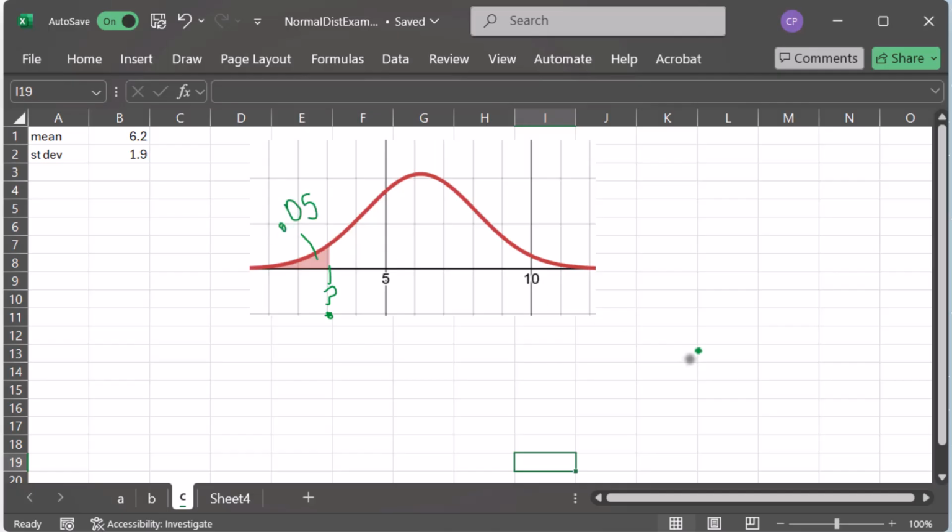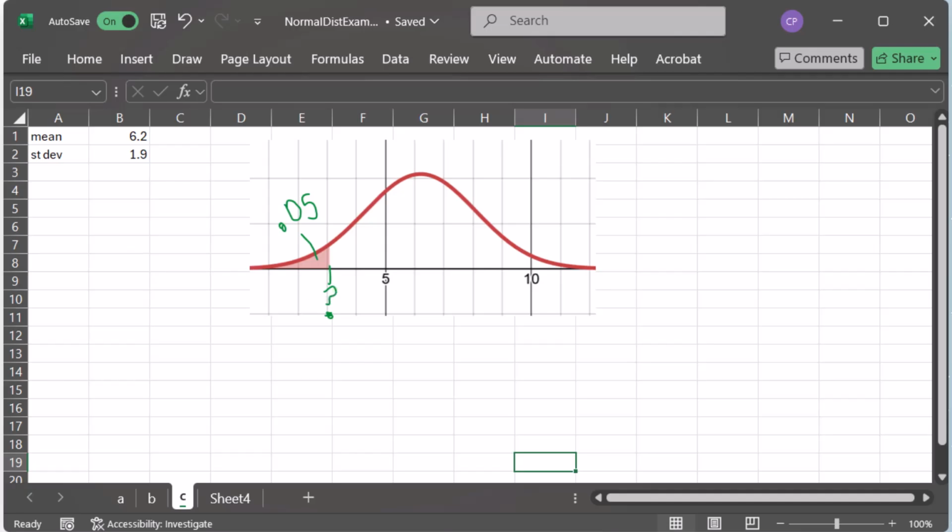So this is imagining looking at that lowest 5%. You can also imagine we could look at like the highest 5% or 5% around the mean or something like that. But here we have the lowest 5%, and we're trying to figure out what x value, or in this case, what sleep value would correspond to that area.